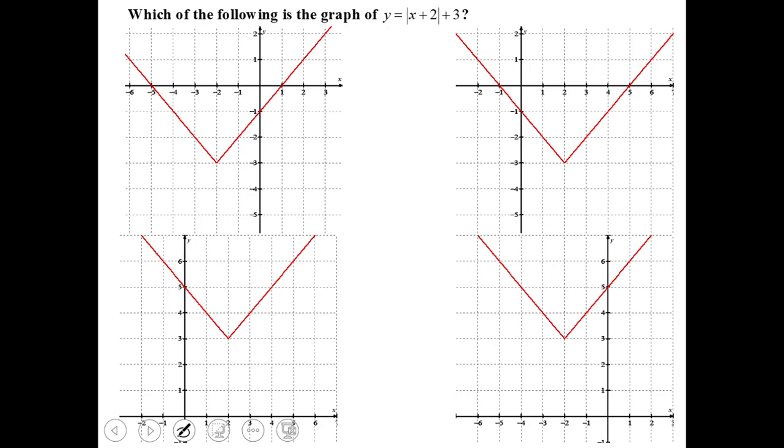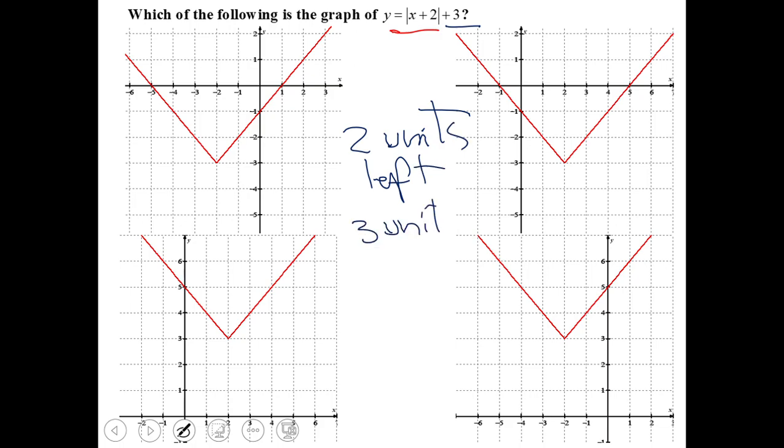So basically now we can look at this equation, y equals absolute value of x plus 2, plus 3. That tells us 2 units left, 3 units up. So that graph will be 2 units left, 3 up, this one.